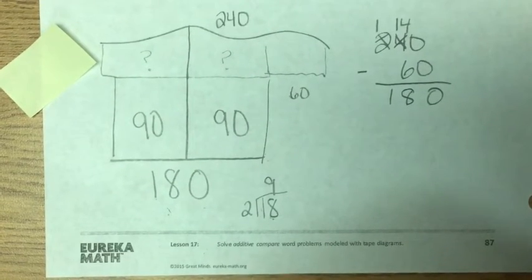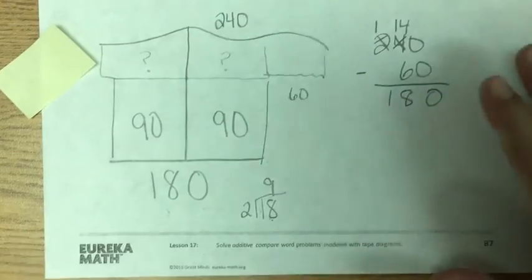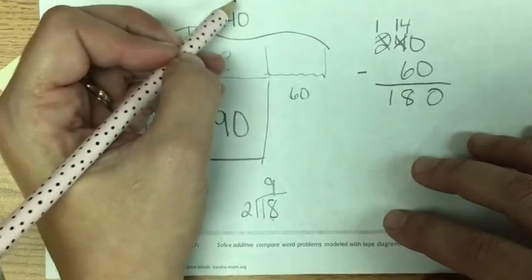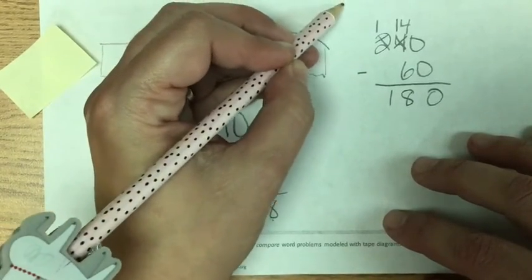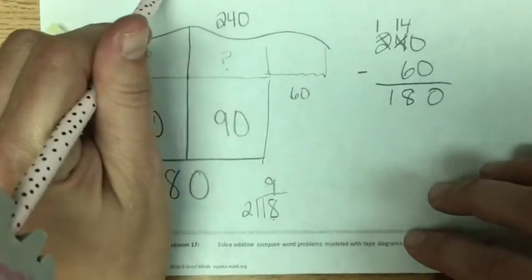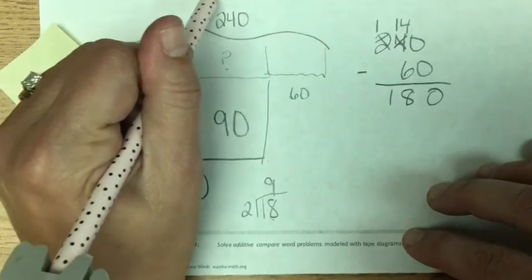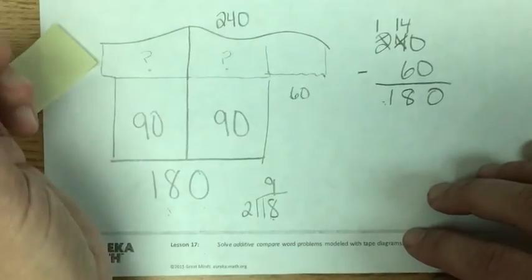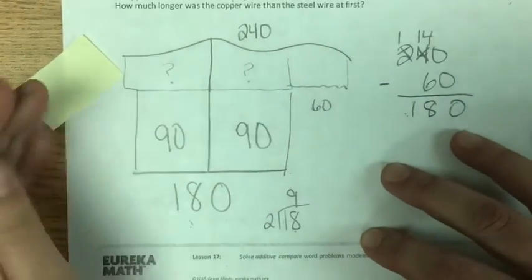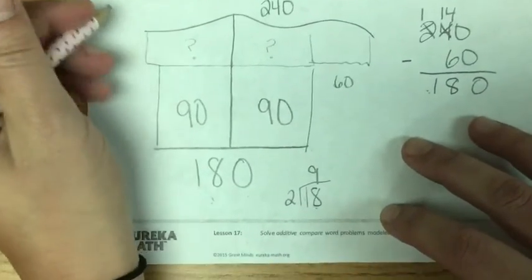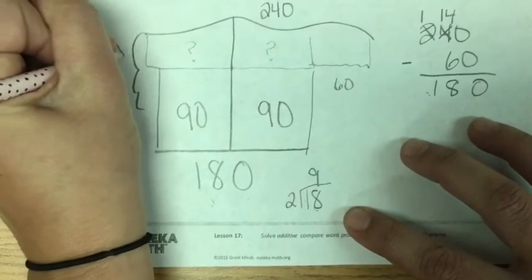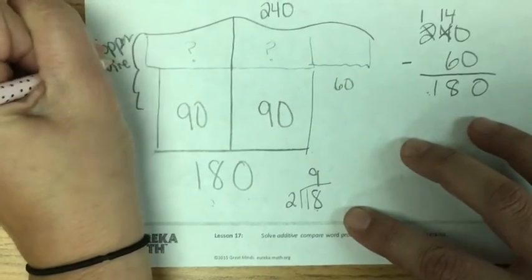So, let's see. How much longer was the copper wire than the steel wire at first? Okay, so we had 240 meters. We cut 60 off. Okay, so here's my copper wire. Not Cooper, copper wire. Okay.